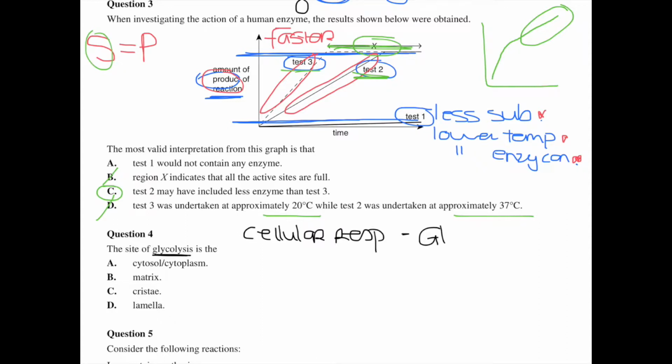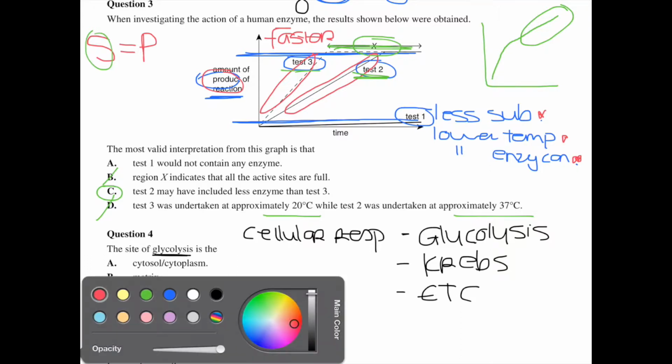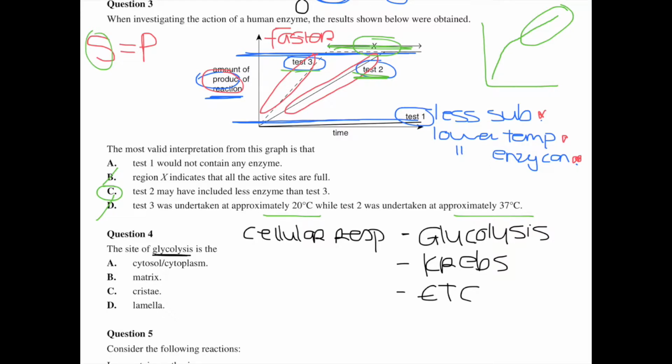The first one we have here is glycolysis. The second one that we have is Krebs. And then we have the electron transport chain. Okay? You should know already that these 2 sections here occur within the mitochondria, and therefore this one occurs in the cytoplasm.